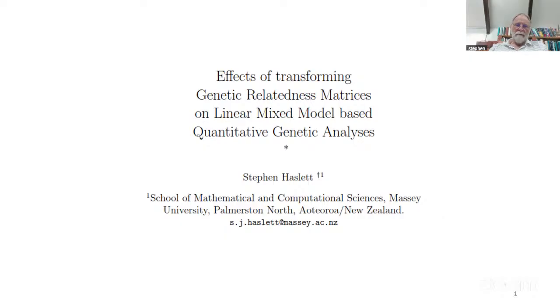So we're going to look at the effect on fixed effect regression in a linear model, where we've got this measure of relatedness, which is a genetic relatedness matrix, but we have to transform it because in its original form, it's not estimable.